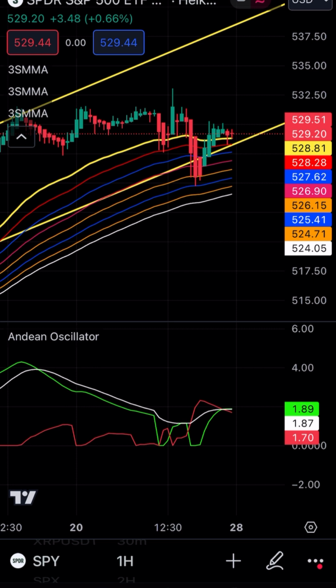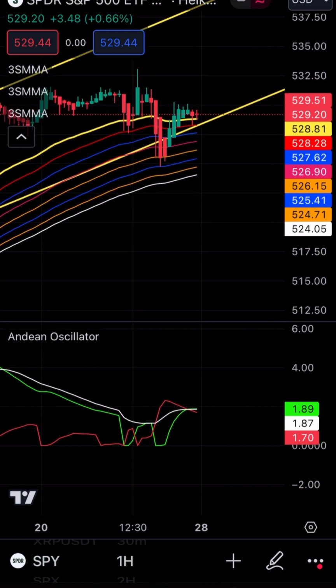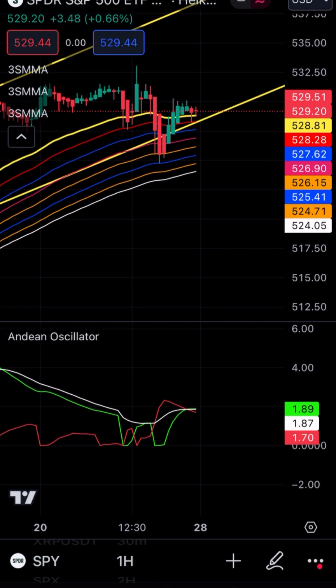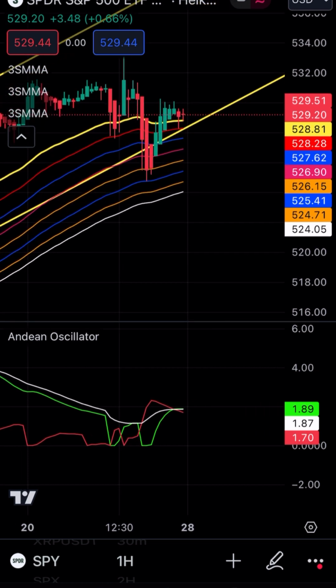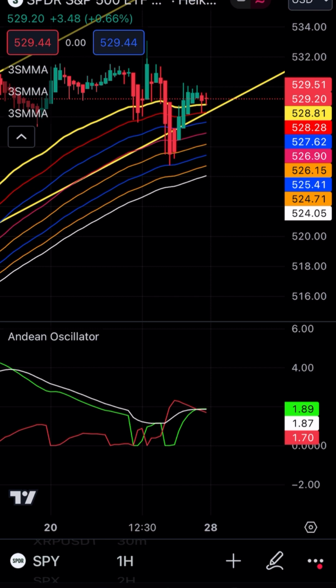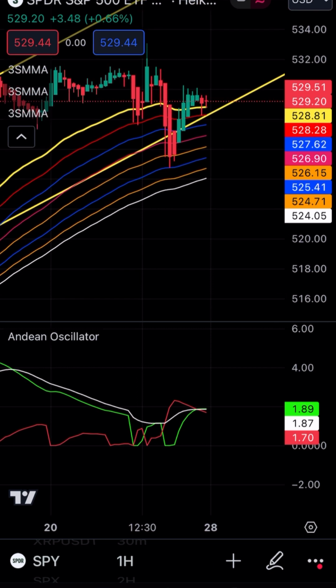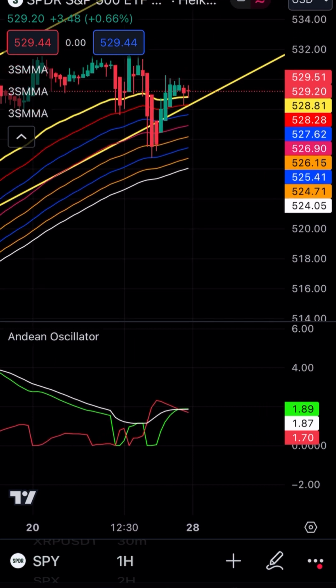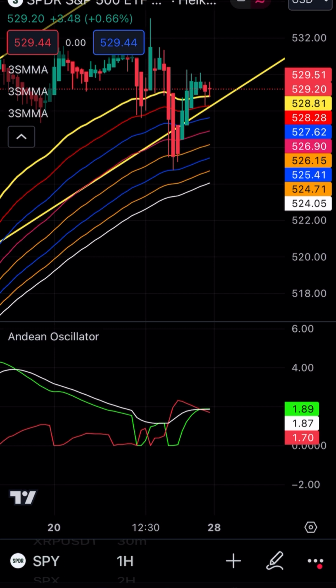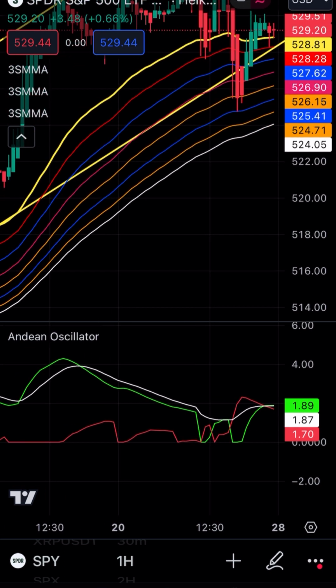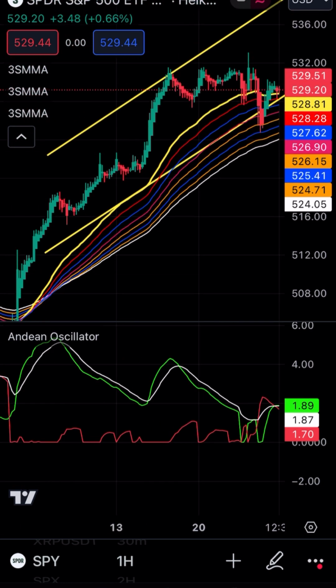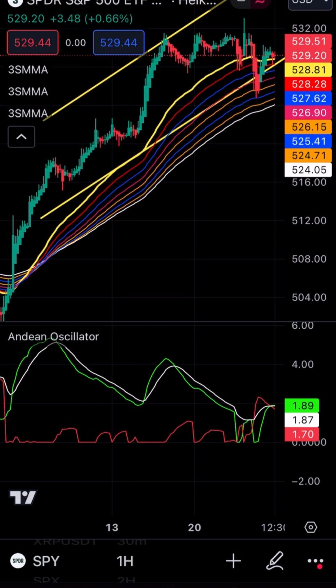Since we're dealing with options and contracts, you want to be really precise on the direction. So you first need to get a good idea of what the overall direction is. We use the rainbow strategy to tell what direction it's going overall.